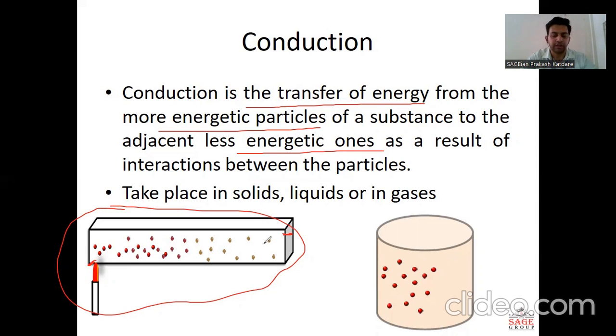We can see conduction in non-metals also. In non-metals, it is because of lattice vibration. Whenever we supply a high amount of energy, the lattice structure will vibrate and will pass the energy to another part.